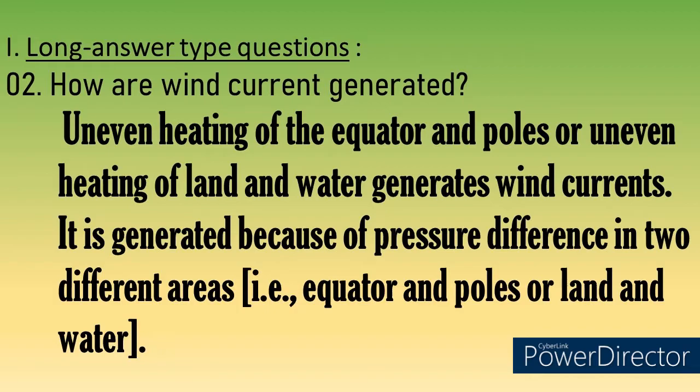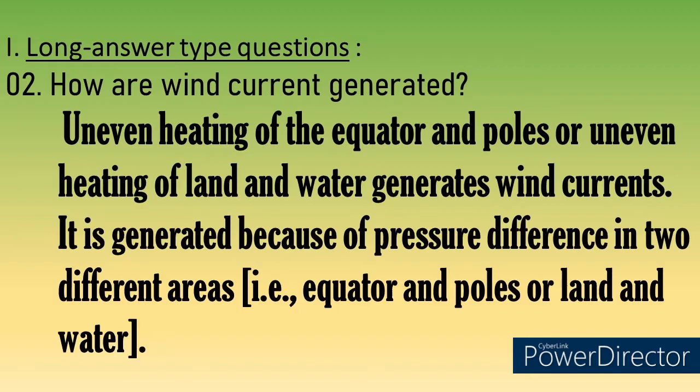Anyhow, whether it is the equator and the poles or land and water, uneven heating results in the generation of a pressure difference. That is the second sentence. It is generated because of the pressure difference in two different areas, equator and poles or land and water, which results in the so-called wind current.